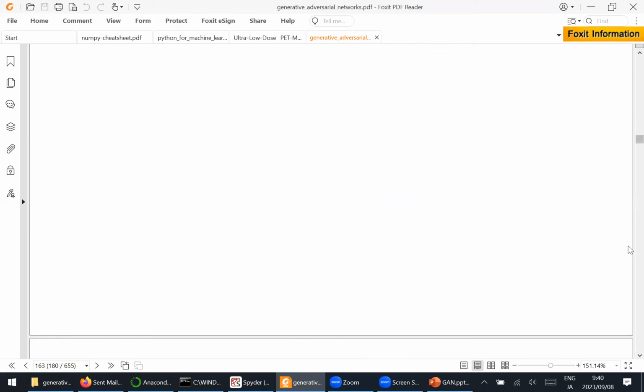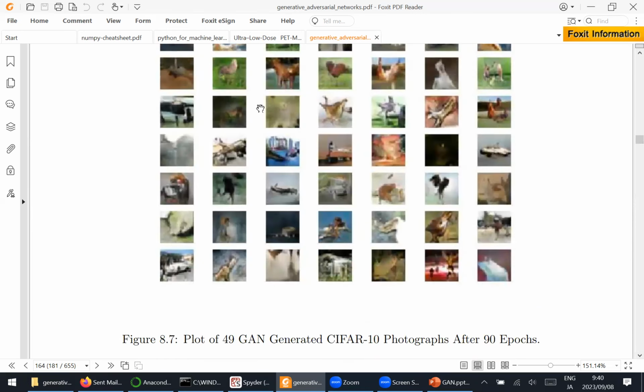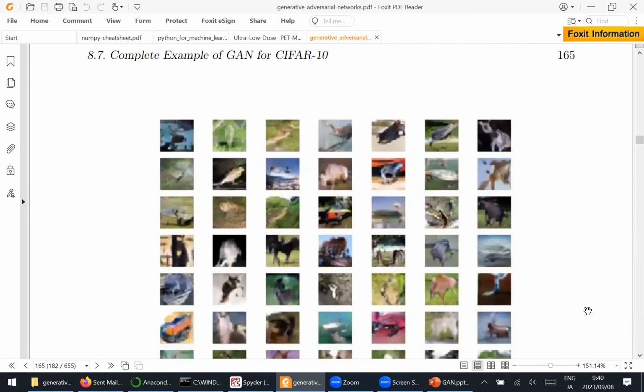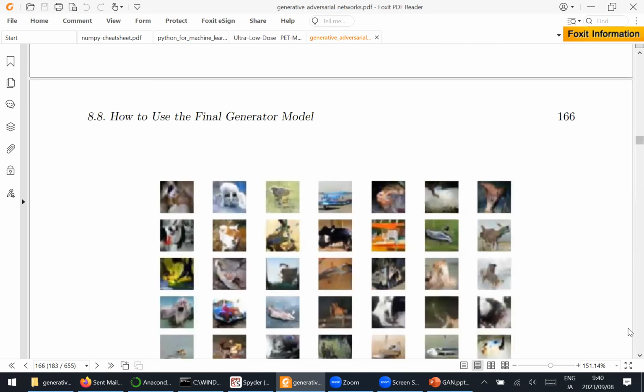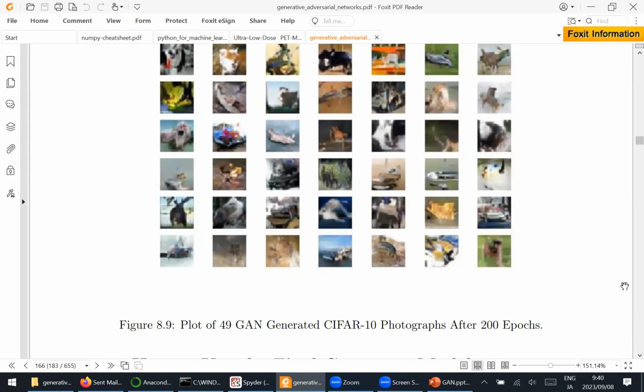If we keep going, they start looking kind of real. After 90 epochs, they almost look like real images. This one was after 100 epochs. This one, 200.